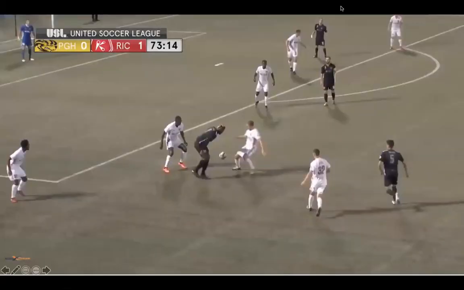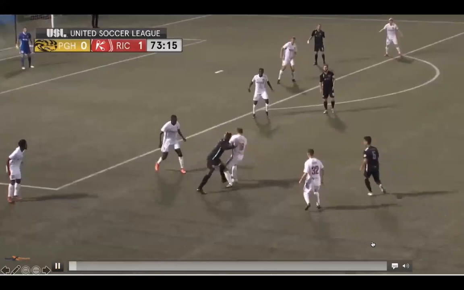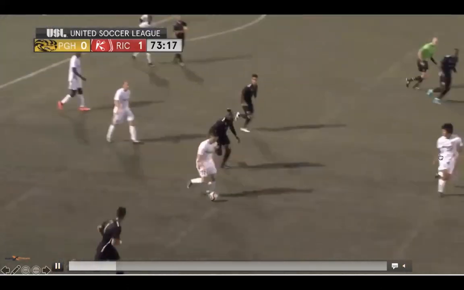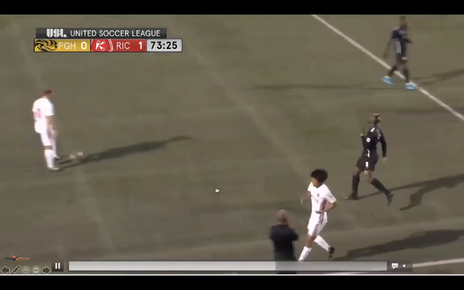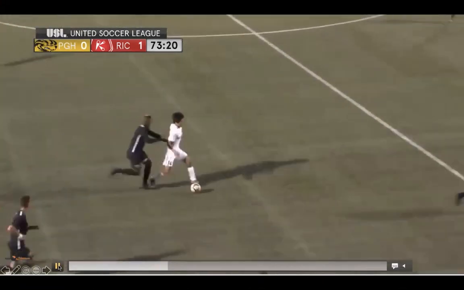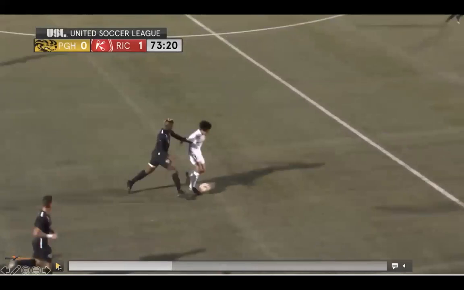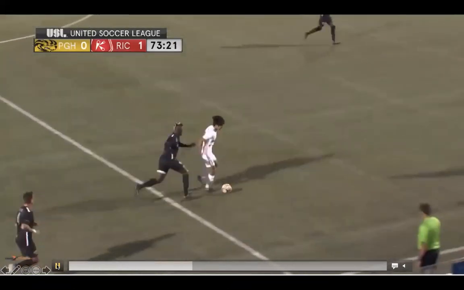Another example. This is an example of a player who has the ball, gets fouled right there, gets pushed in the back. And we have to decide if he has an advantage.